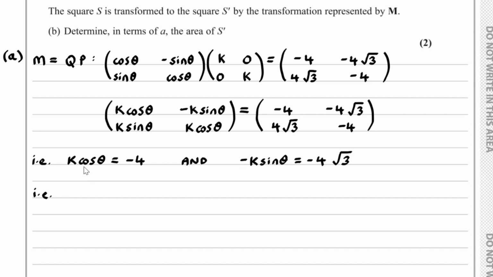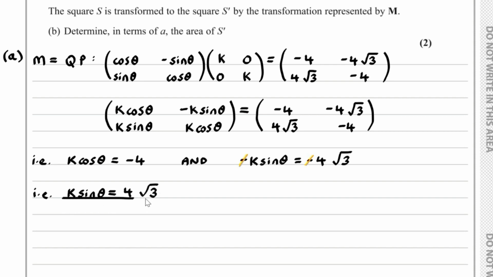If we divide the equations by each other, first of all here, the minuses cancel from both sides. So if we do this equation divided by this equation, we have k sine theta, which is equal to 4 root 3.